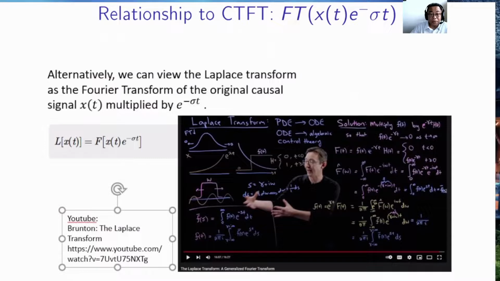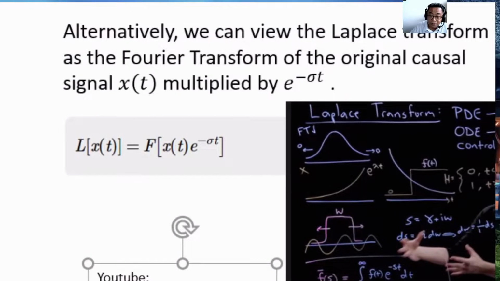I would also urge you to look at Brandon's video discussing the Laplace transform over here. In his video he explains that the Laplace transform is the same as the Fourier transform of the signal x(t) multiplied by e^(-σt), where sigma is what we are interested in for all the σ plus jω.